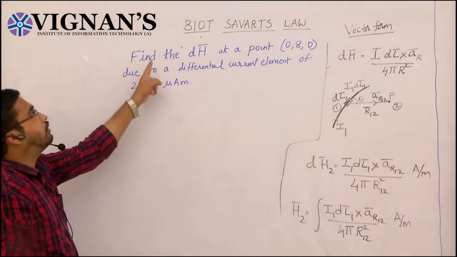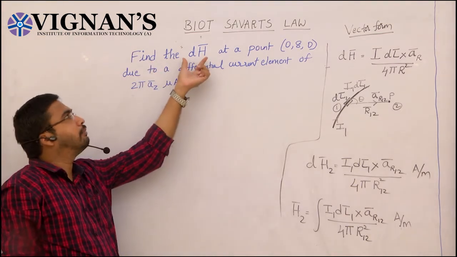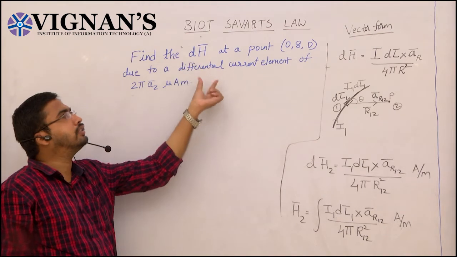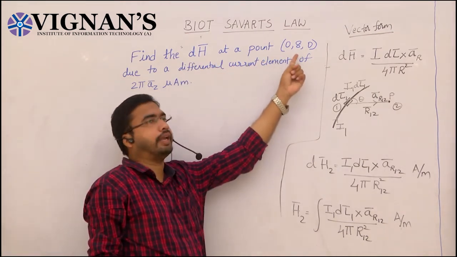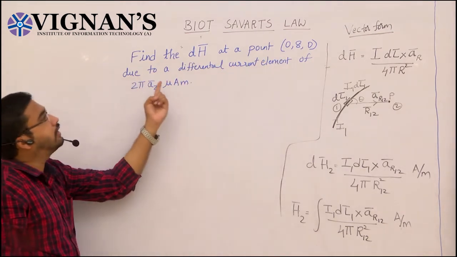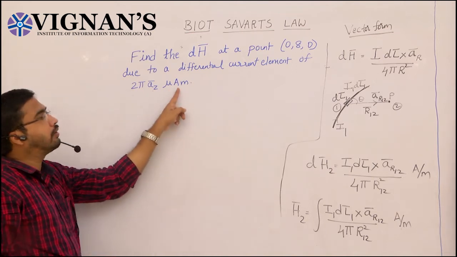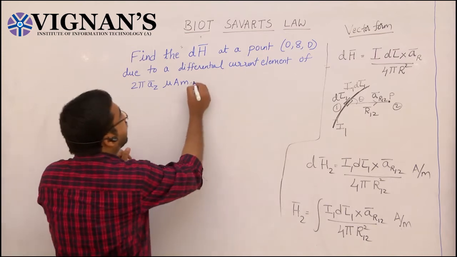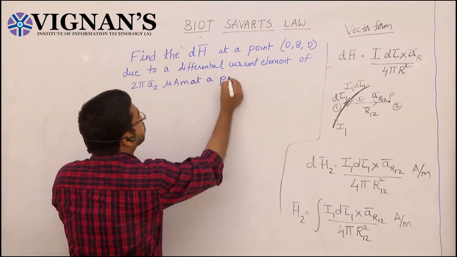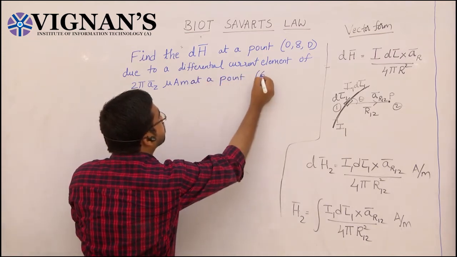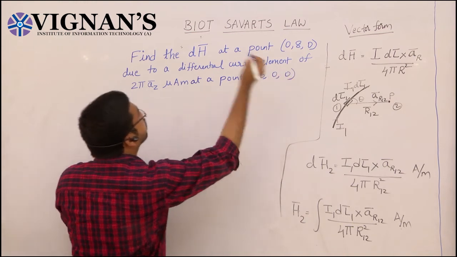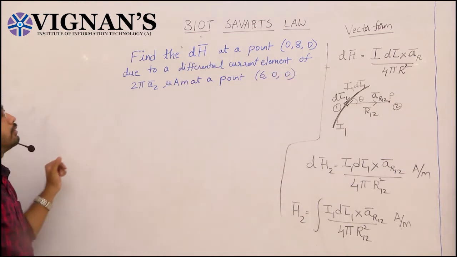Okay, so we need to find the differential magnetic field intensity dH at the point 0, 8, 0 due to a differential current element of 2 pi az bar micro ampere meter at the point 6, 0, 0. So let us deal with this problem.